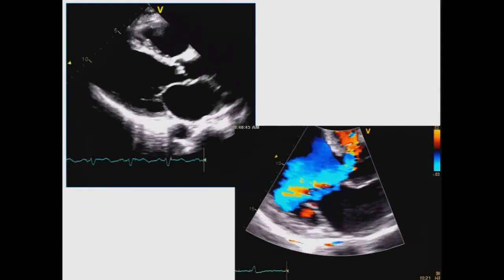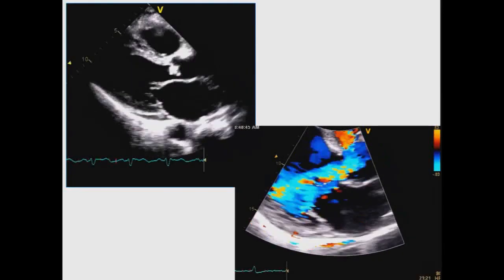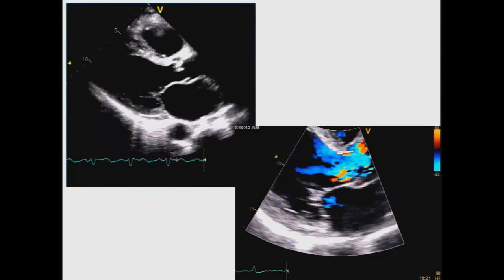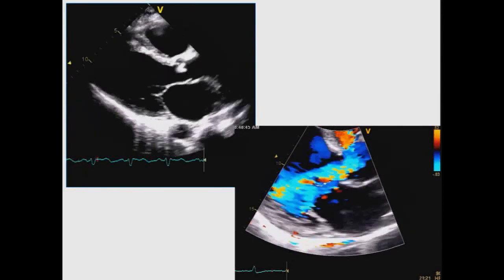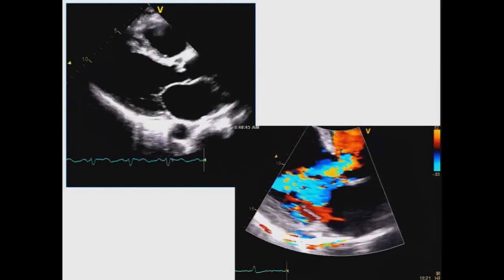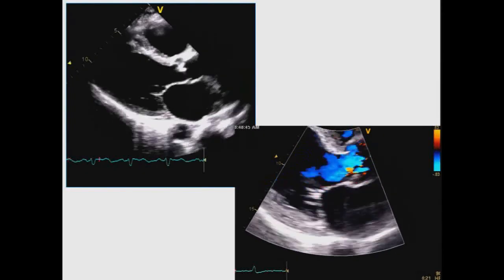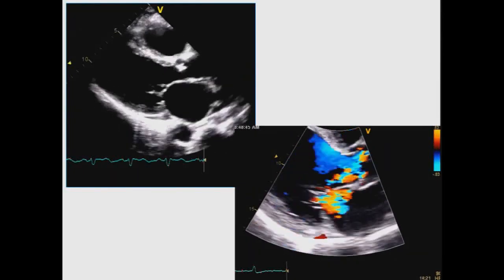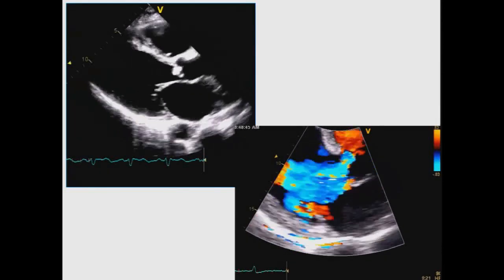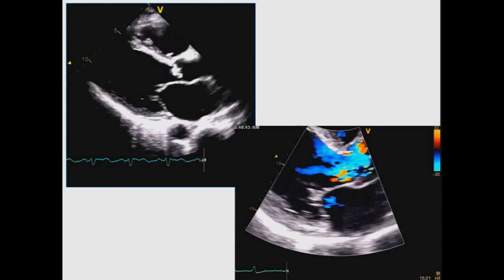A study from Bill Little's group has shown that if you have primary organic mitral regurgitation due to, let's say, a flail leaflet, but no left ventricular disease, generally the diastology does not allow you to predict left atrial pressure, probably because of the big volume load.